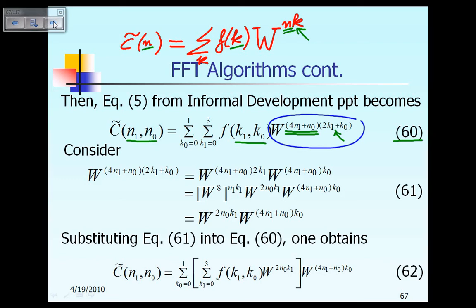Now let us try to pay attention to the term w raised to that power shown in equation 60. That term I show you here on the left side of equation 61. Let's try to do some expansion on the power of w. For example, if you take the first parenthesis and multiply with the first term of the second parenthesis, then you will get this power term, indicated in equation 61 in the red color.